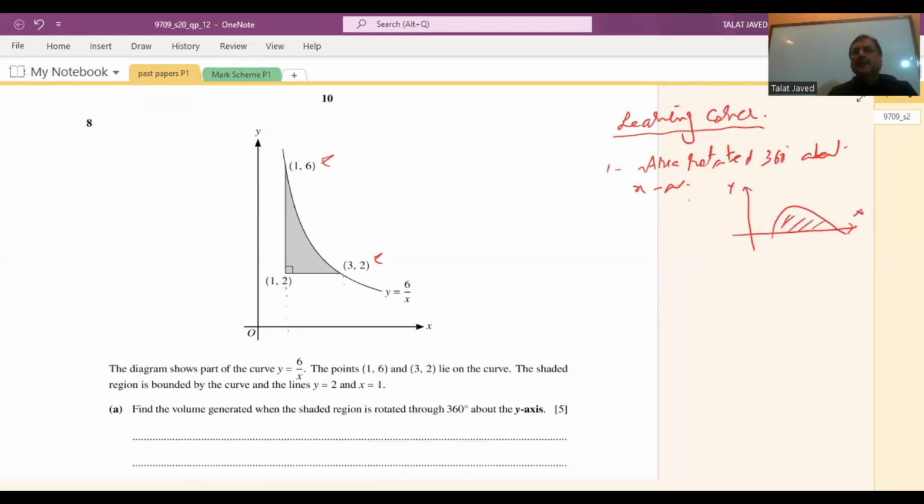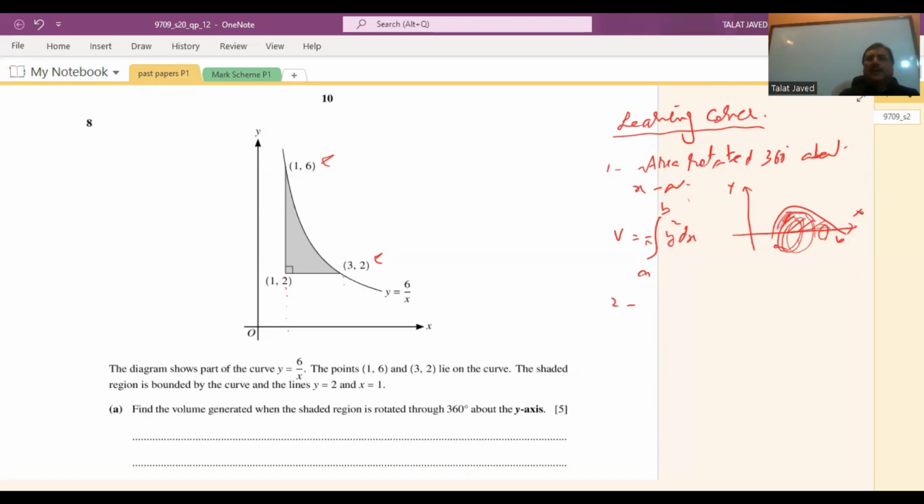When this area is rotated from A to B about the x-axis, the volume generated is pi times the integral from A to B of y squared dx. This is the formula to find the volume when the area enclosed between the curve and the x-axis is rotated 360 degrees.